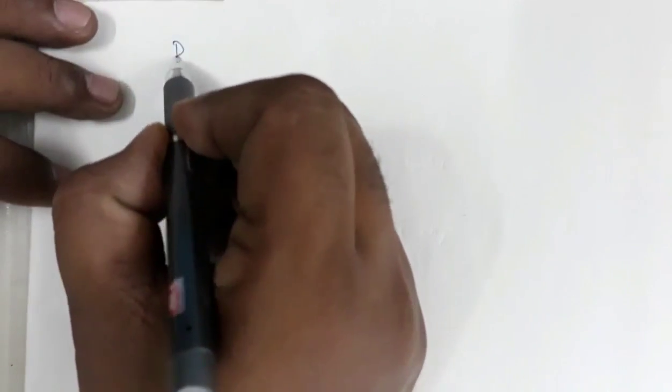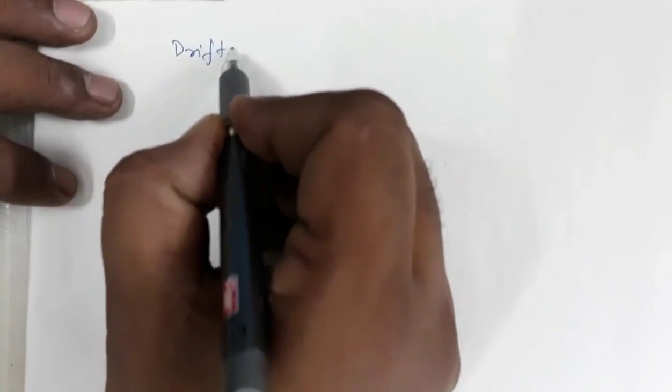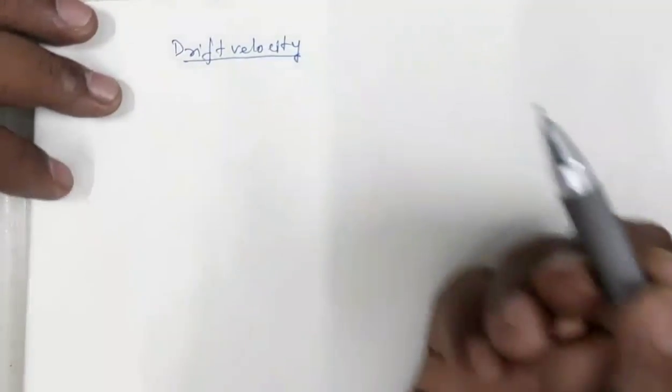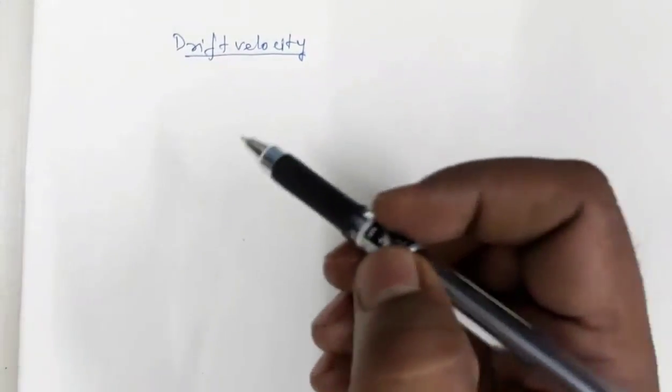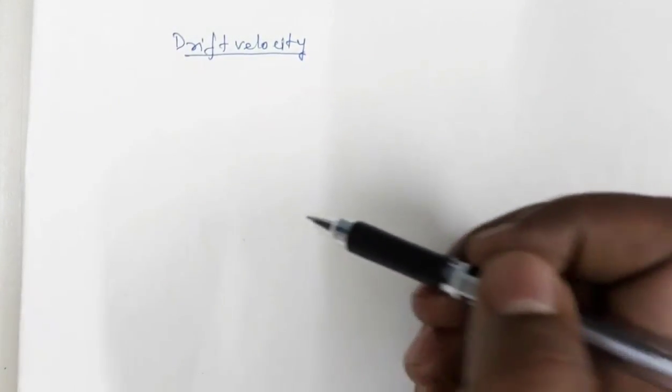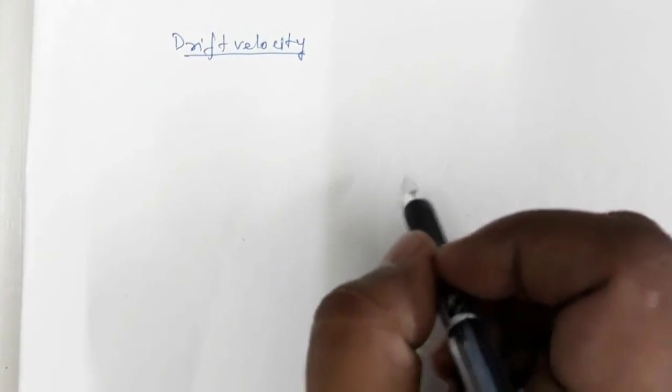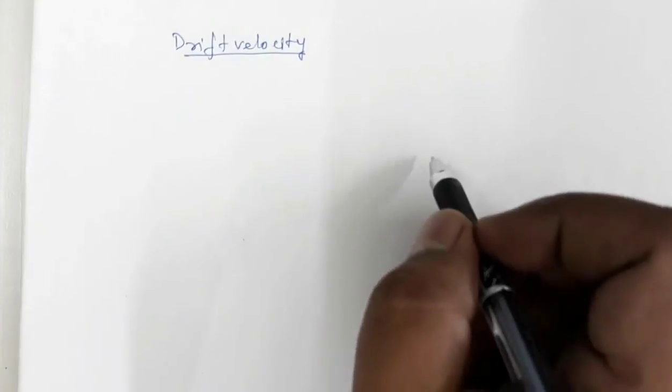Next we will try to understand the term drift velocity. As we know, a normal conductor has a large number of free electrons, and these electrons are in a state of random motion, moving in all different directions.